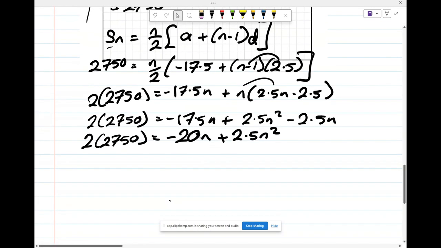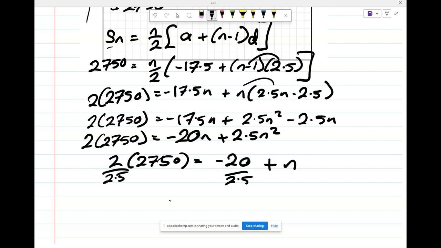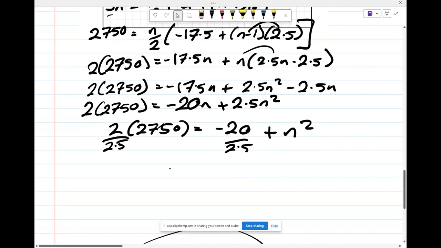Now if we multiply everything by 2.5, 2 times 2.5 times 2750 is equal to minus 20 times 2.5, or we should divide by 2.5, sorry. Plus n squared. And now we'll just put everything in our calculator.